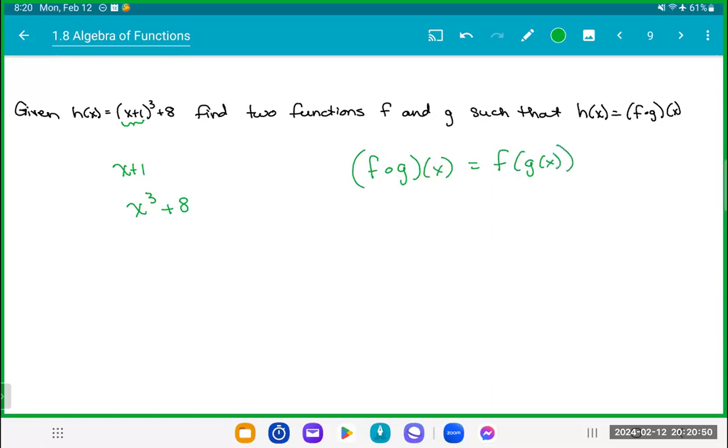So my g function is substituted into my f function. So this looks like it's g, and this looks like it would be our f. So this would be my g of x, and this would be my f of x. Okay, question.